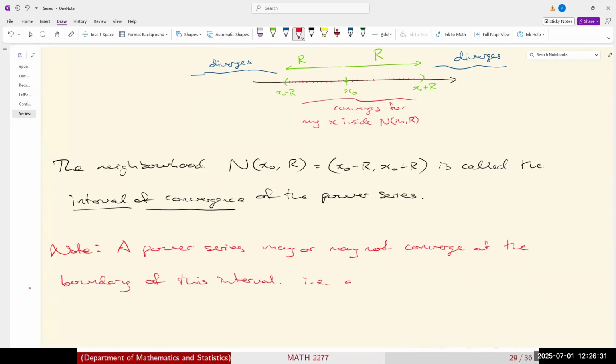That is at x equals x0 minus r and x0 plus r. At these two x values, some power series will converge, some of them may diverge. We don't know.